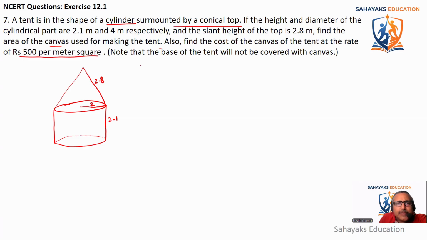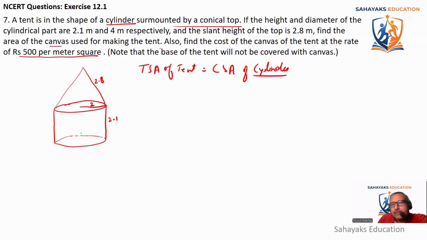The total surface area of the tent is equal to, we have to take the curved surface area of the cylinder. Why only curved surface area? Because the base will not be covered. The top will anyway not be covered because the top is part of the inside of the tent, and moreover it doesn't come as a surface of the tent.